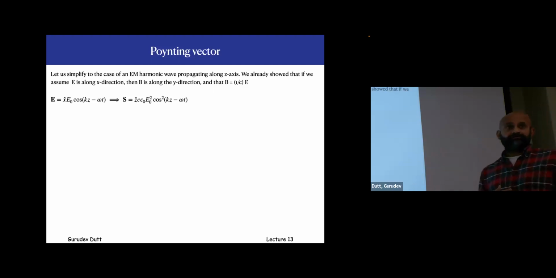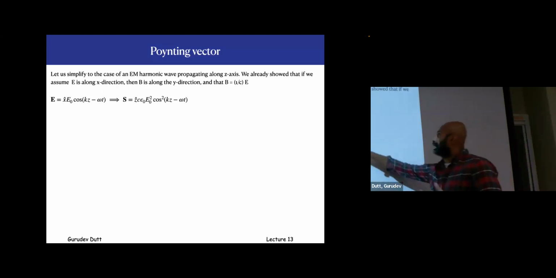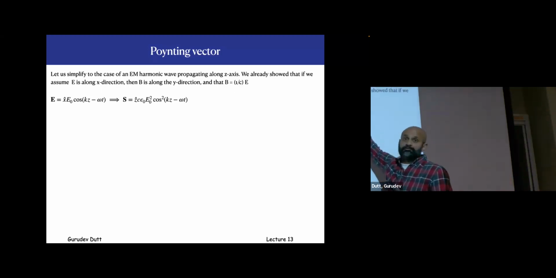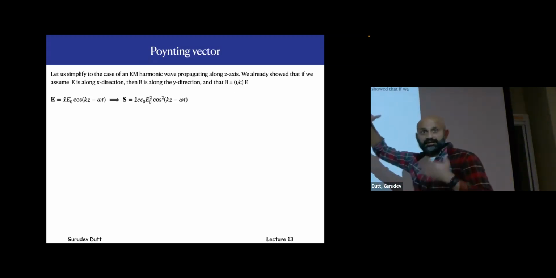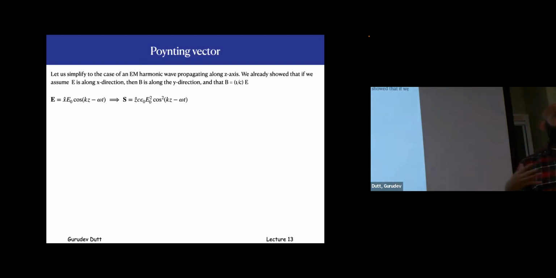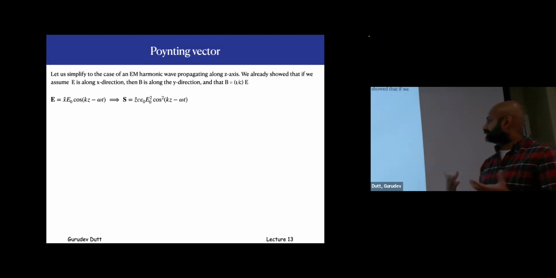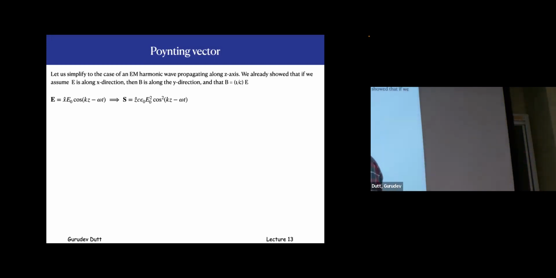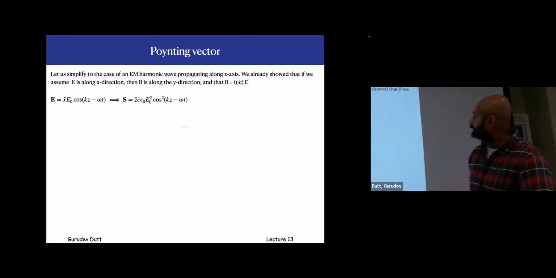We already showed when we talked about electromagnetic waves that E is along the X direction, B will be along the Y direction, and furthermore, the amplitude of B will be 1 over the velocity times E. Remember, that's one of the reasons why the magnetic field is usually not considered when we think about the response of many detectors, because the electric field is usually much bigger than the magnetic field in terms of numbers.